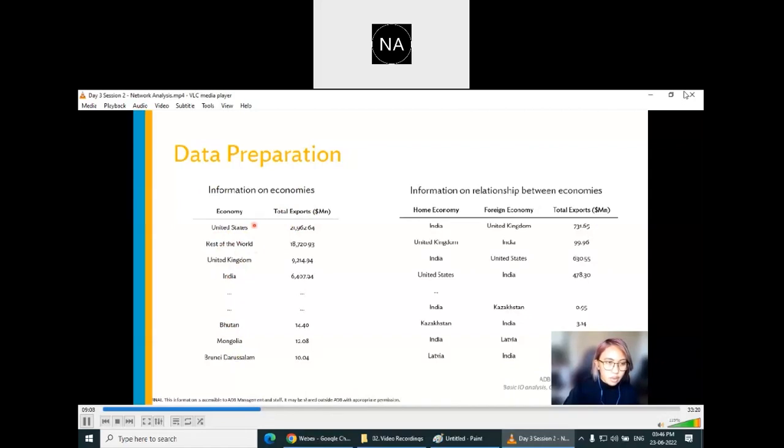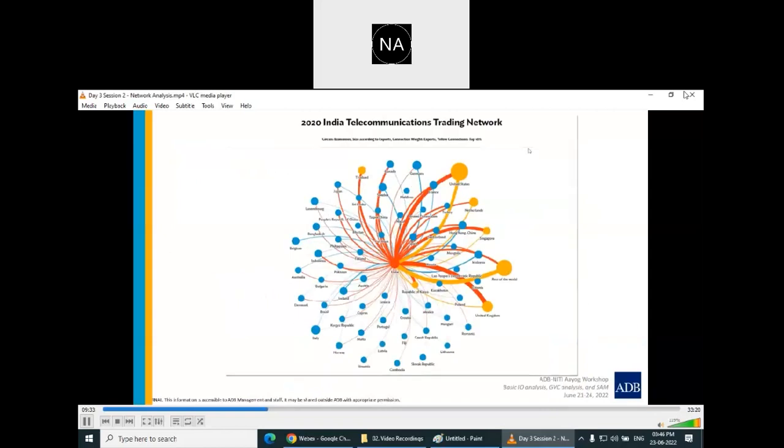So what I did here is aggregate all of the total exports for each economy. So $21,962 million represents the total exports of United States in the telecommunication sector. For India, that's $6,407 million total exports for the telecommunication sector.